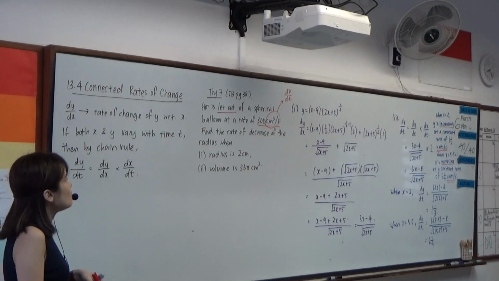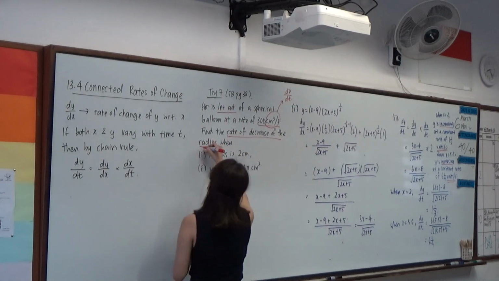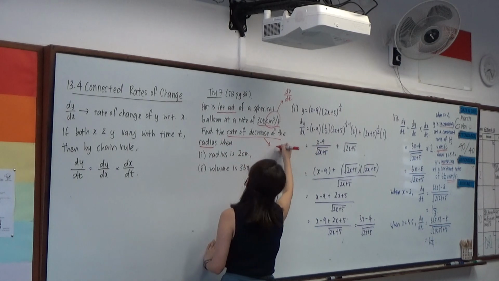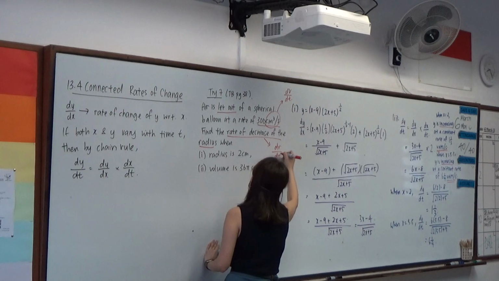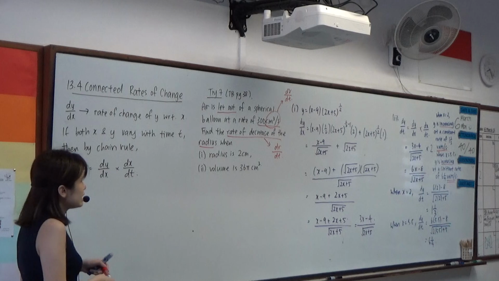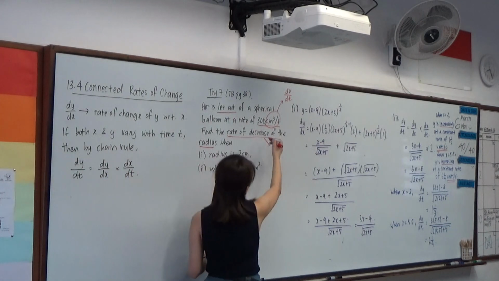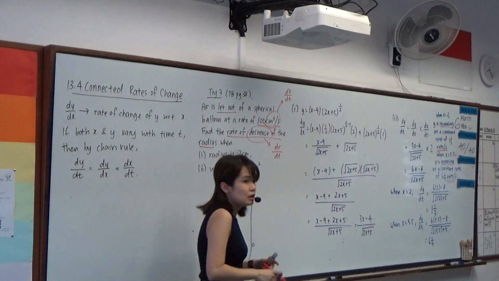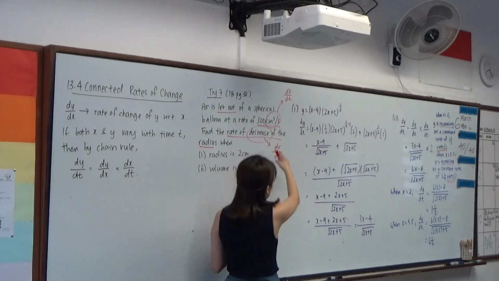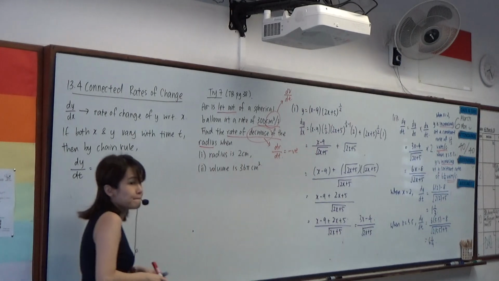The question wants us to find the rate of decrease of the radius. That will mean that we are looking at dr over dt, because r represents our radius and t represents our time. And because we're looking for a rate of decrease, we are expecting that dr over dt comes out to be a negative value.